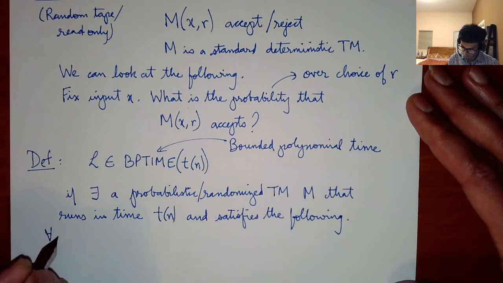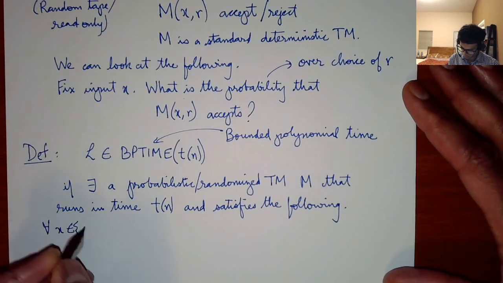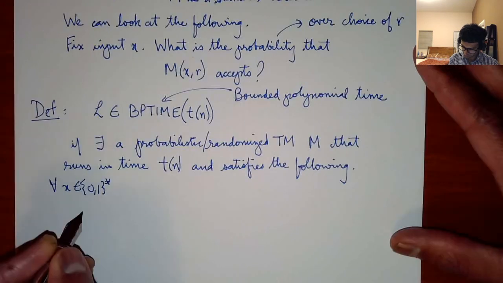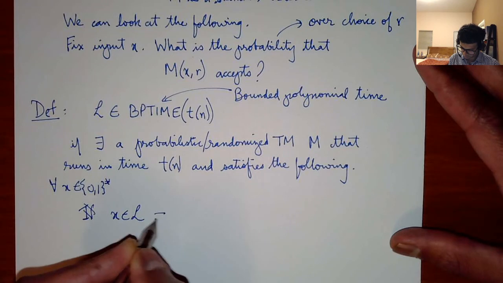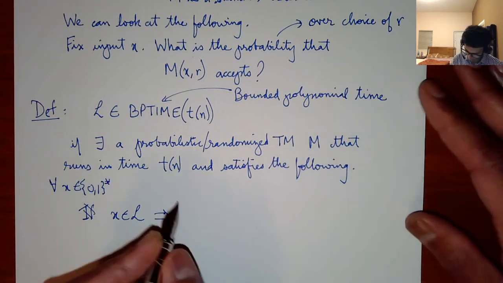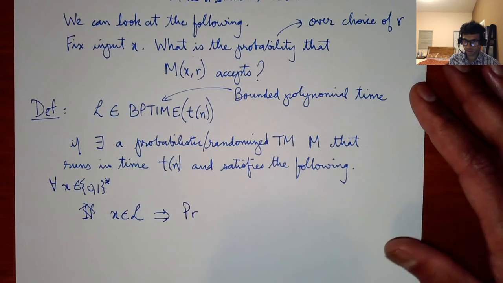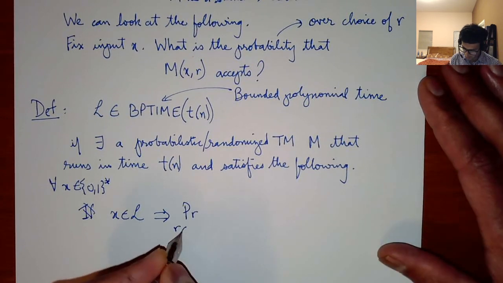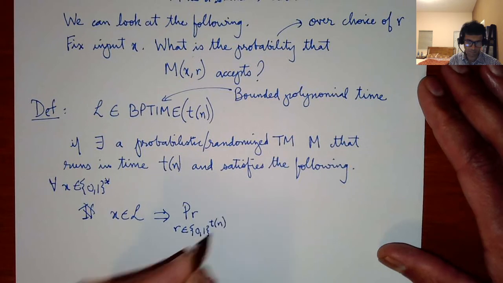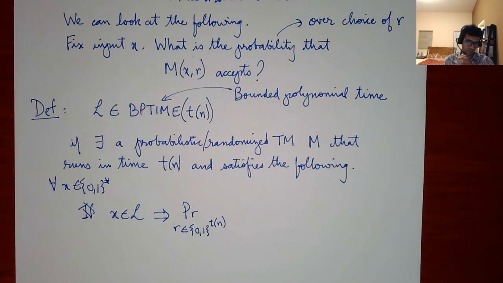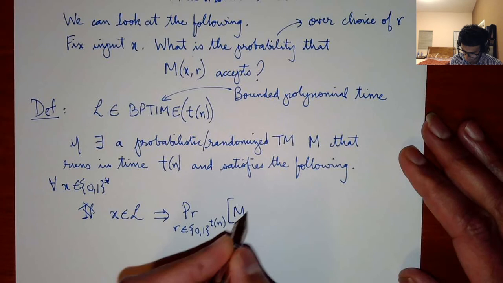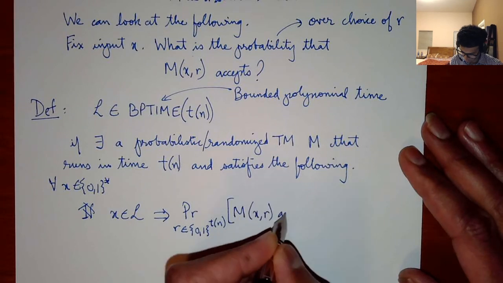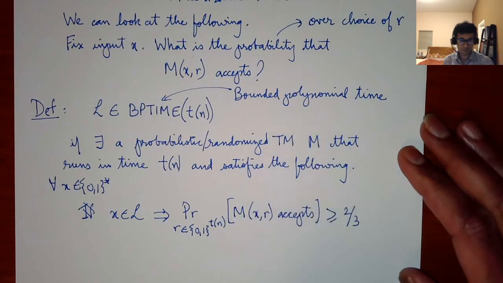For all inputs x, x in L implies that the probability over all random strings R, where the length of the random string is at most the running time because it has to read those bits, that M(X, R) accepts is at least 2/3.